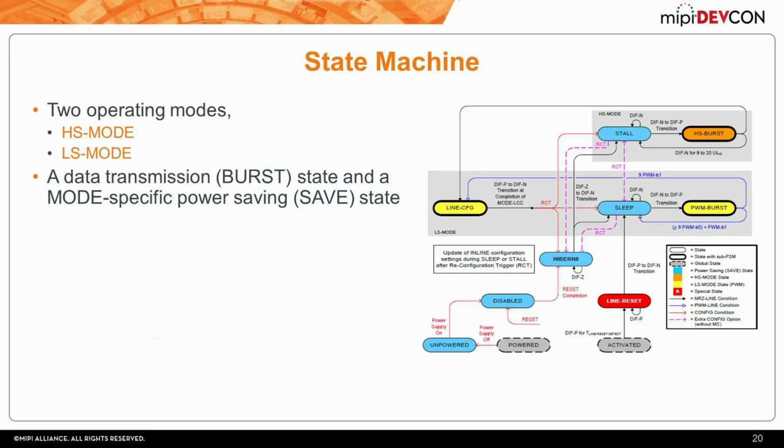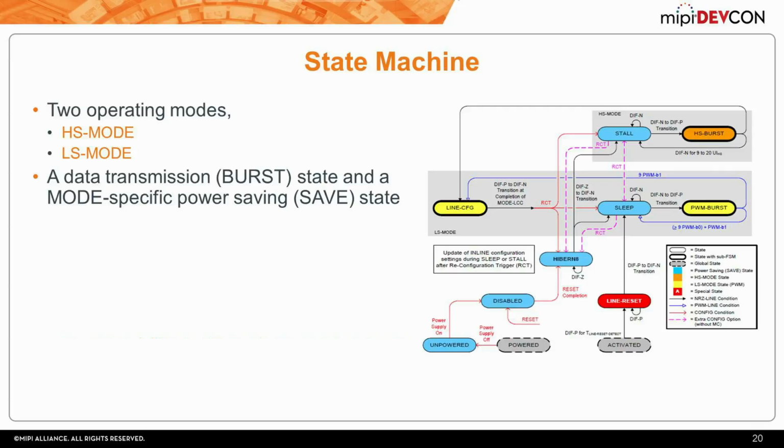We have the burst mode, which is where data is transferred, and the save mode, where the link is basically in a sleep state. So it could either be in sleep or stall, depending on whether it's low speed or high speed. So it goes the transition from this low power sleep mode.